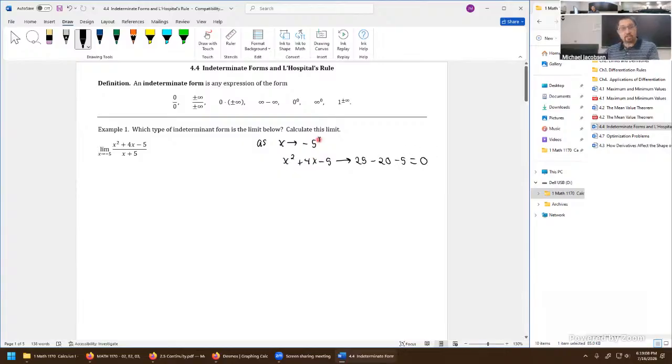So as x gets closer and closer to negative 5, the numerator gets closer and closer to a value of 0. And x plus 5 tends towards negative 5 plus 5, which is 0 as well. So to answer the question of what indeterminate form this is, the numerator is heading towards 0, the denominator is also heading towards 0, so it's the indeterminate form 0 over 0. I'll write that in shorthand as I.D., and in these notes that will stand for indeterminate.